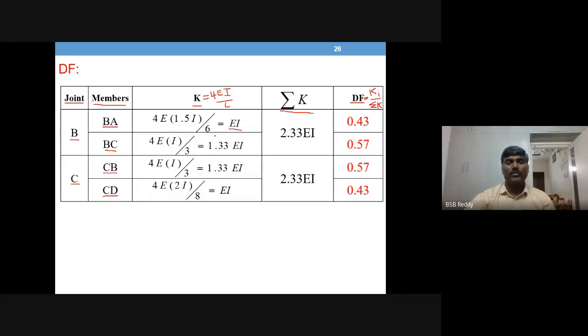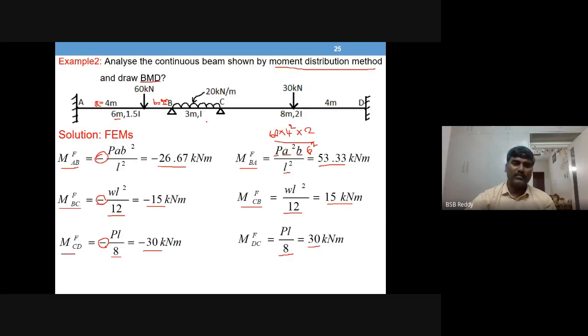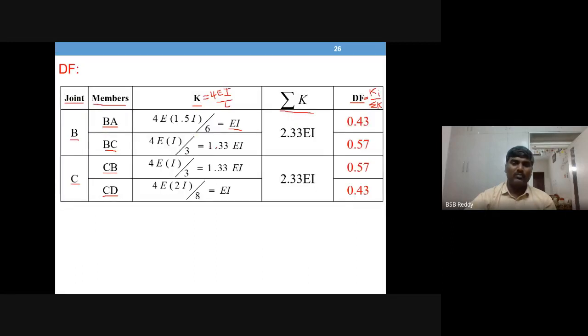So that is 1 times EI. 1.5 into 4 is 6, 6 by 6 is 1. Right. BC: 4EI, I is I for BC, by 3. L is 3 meters, so 1.33 times EI.